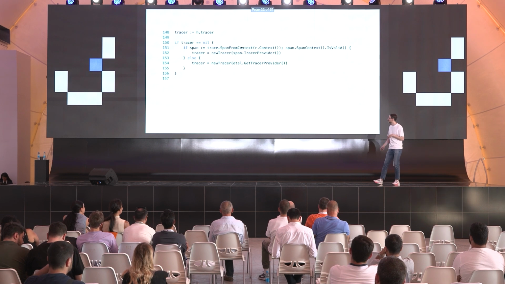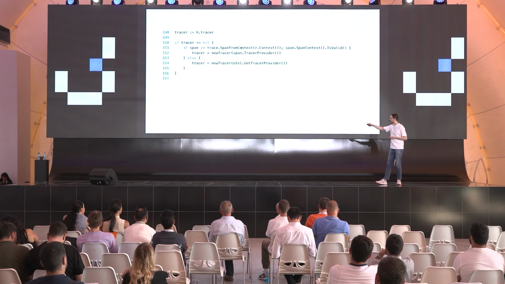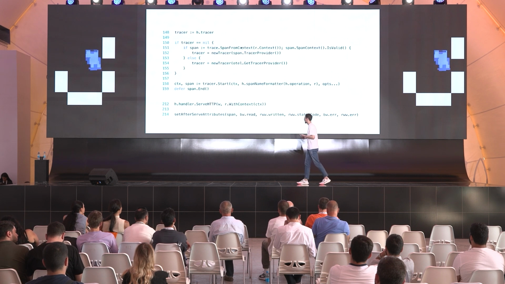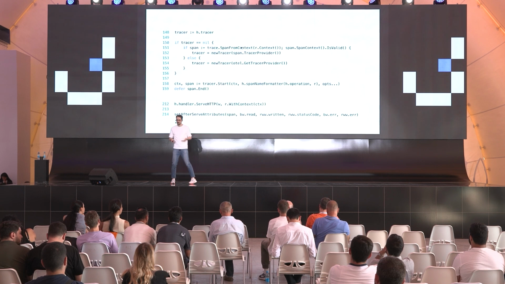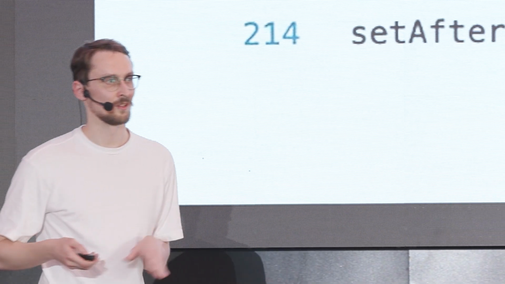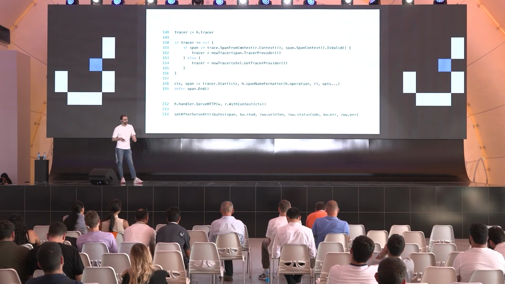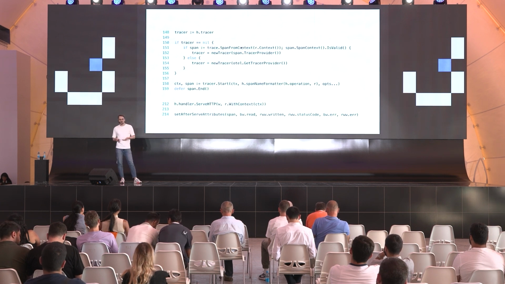After a while, the handler obtains a tracer to create the spans, and creates the required span. The span is created on line number 158, and the span end is deferred in the next line. After some manipulation with the body, the underlying handler is called. And after it finishes, some attributes are set to the span.